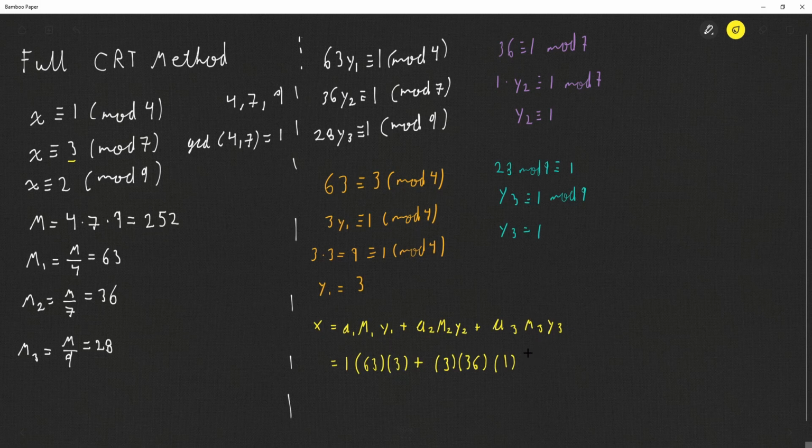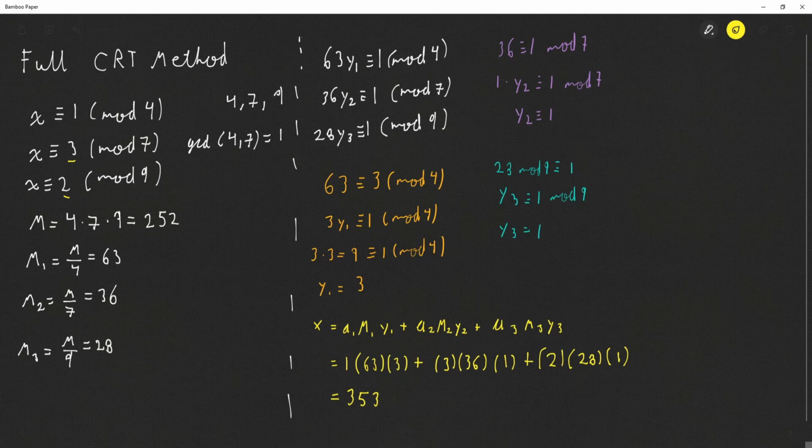And then finally we're going to add our 2 from our original, which is our A3, and then we're going to multiply that with M3, which is our 28, and our Y3, which is equal to 1. Now adding this all together gives us an answer of 353.